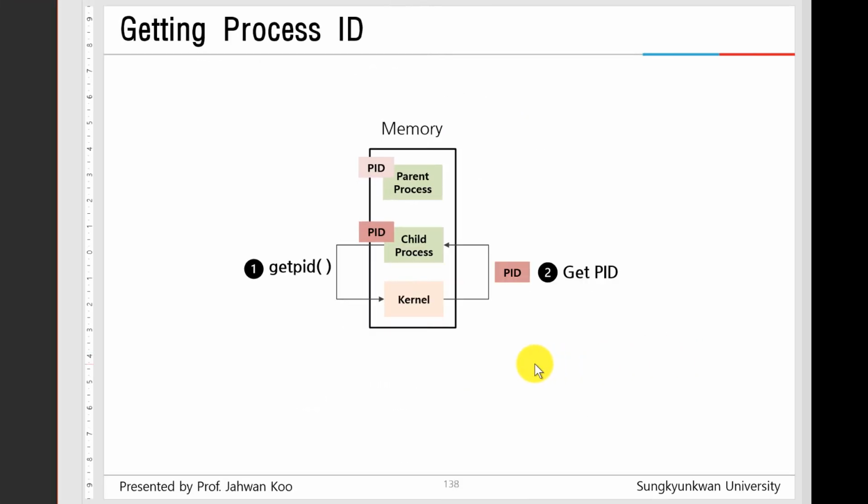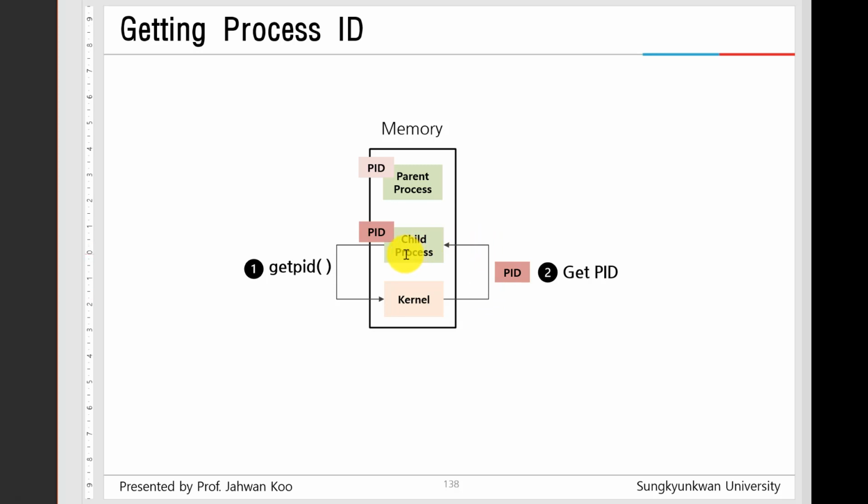This picture shows that the parent process has its own unique process ID, and the child process also has its own unique process ID. How can we get the process ID? We can use the getpid system call to get the process ID of the child process.